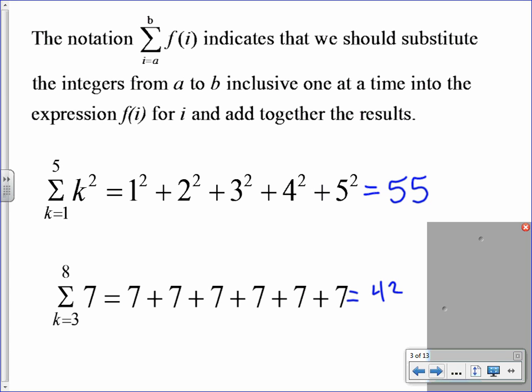There are 6 terms, because we started at 3 and we have to include both 3 and 8. Subtraction says 5, but there are 6 terms.